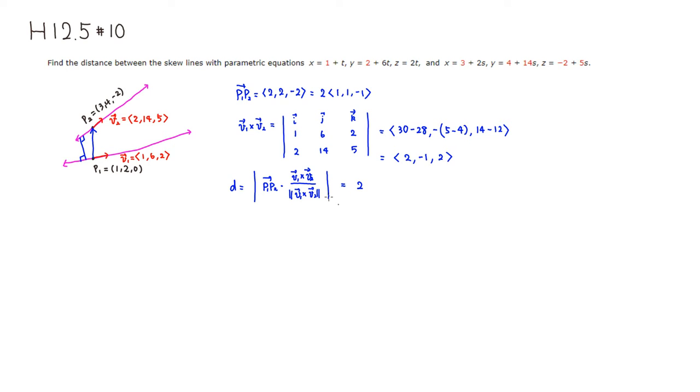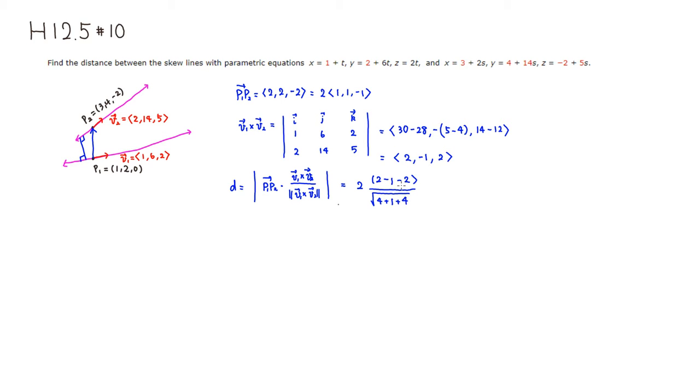Then we do a dot product: 1 times 2 is 2, plus 1 times -1 is -1, so minus 1, and -1 times 2 is -2. Then we divide this by the length of the cross product, so the square root of 2 squared is 4, -1 squared is 1, and 2 squared is 4.